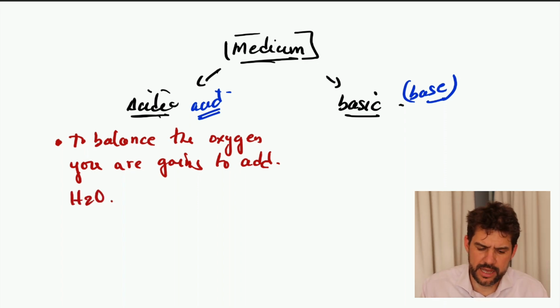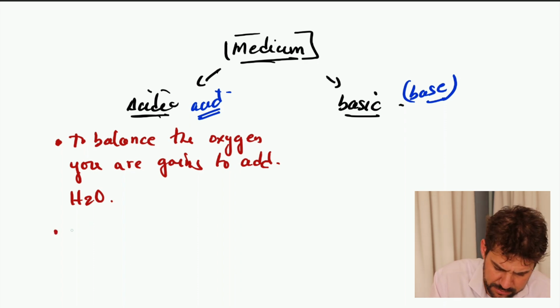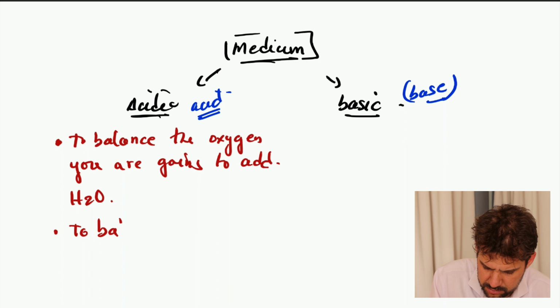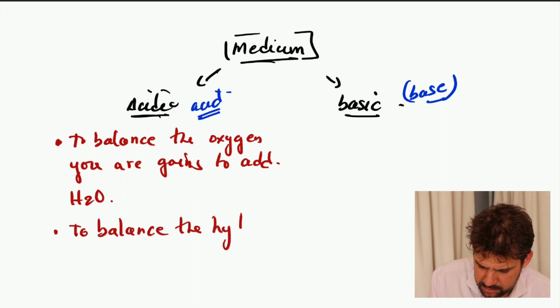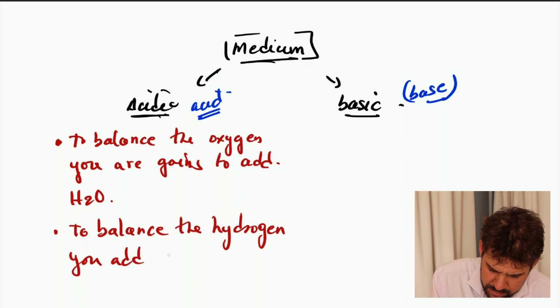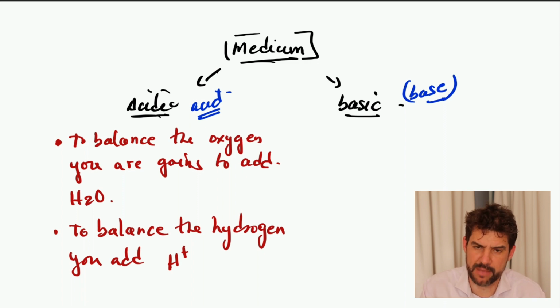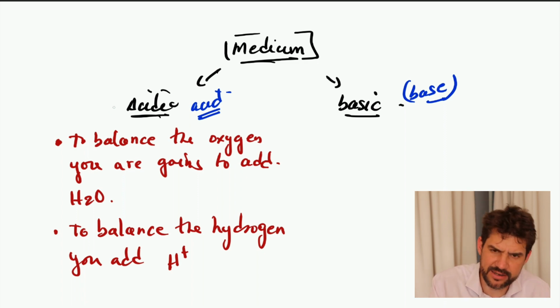But when you add oxygen, you have hydrogen. So to balance the hydrogen, we're going to add hydrogen ions. That is, if the medium is acidic.